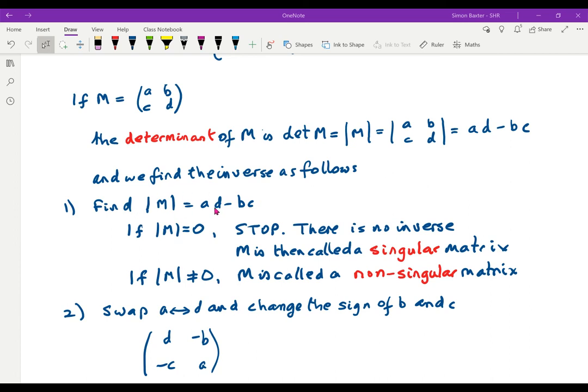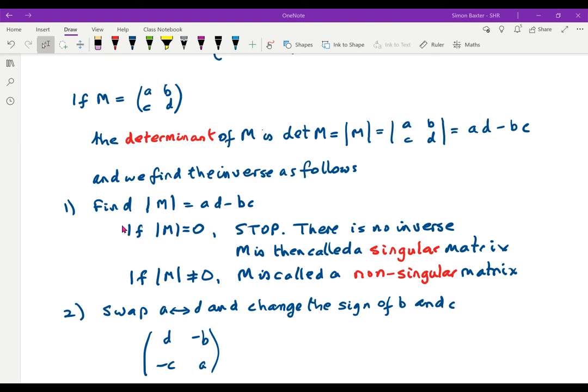Find the determinant. If the determinant is 0, stop. There is no inverse. If that's the case, if the determinant is 0, M is called a singular matrix. If the determinant is not 0, M is called a non-singular matrix.